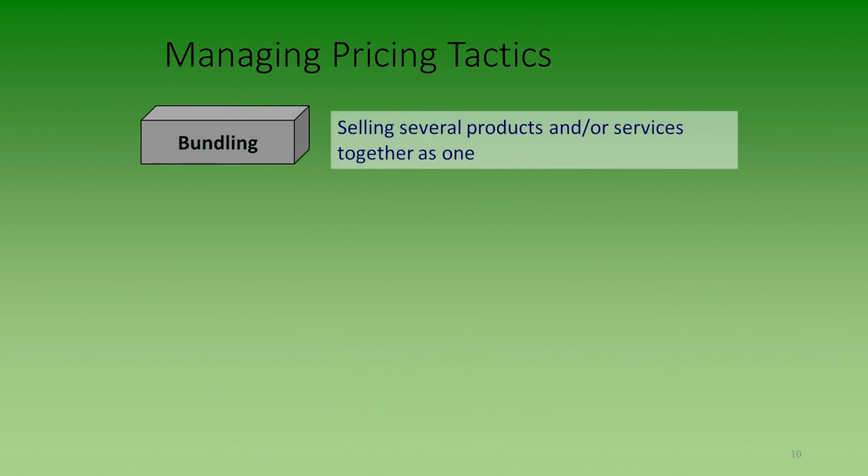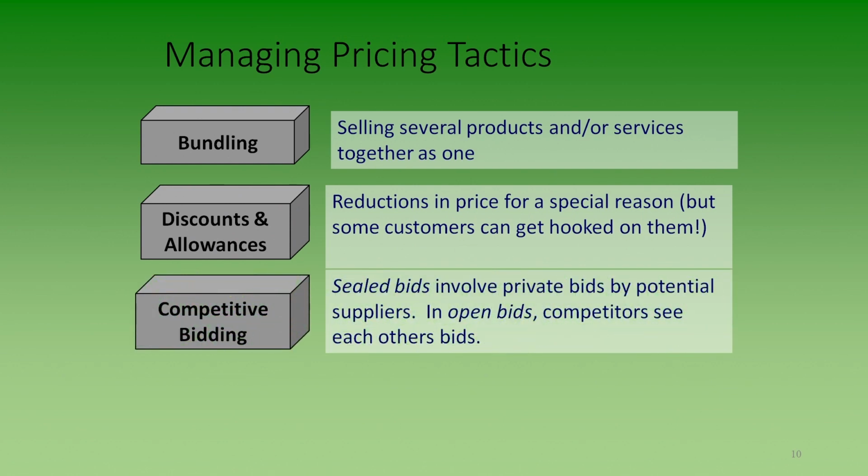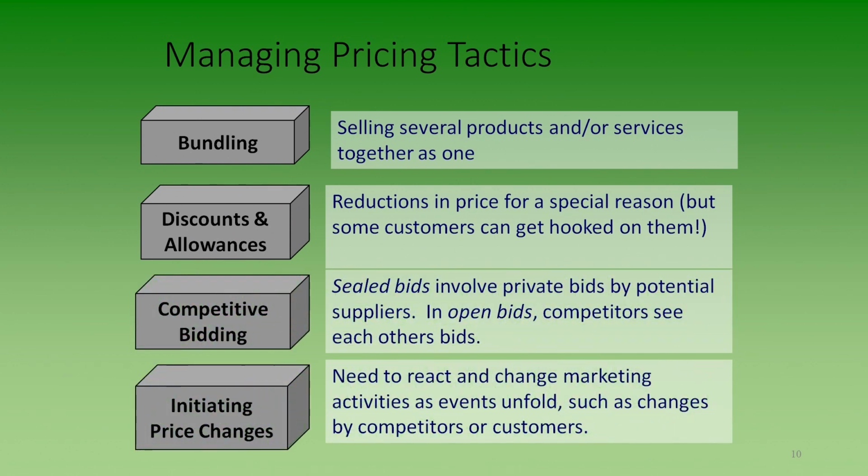Let us look at some of the pricing tactics like bundling, discounts and allowances, competitive bidding and initiating price changes. The top two, bundling and discounts and allowances, are more often used in B2C, but they are also used in some of the professional services and in B2B services; particularly bundling is often used.